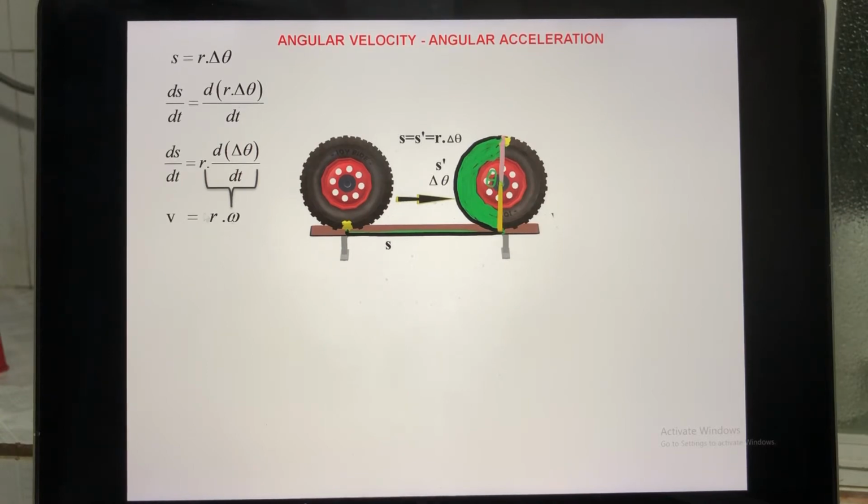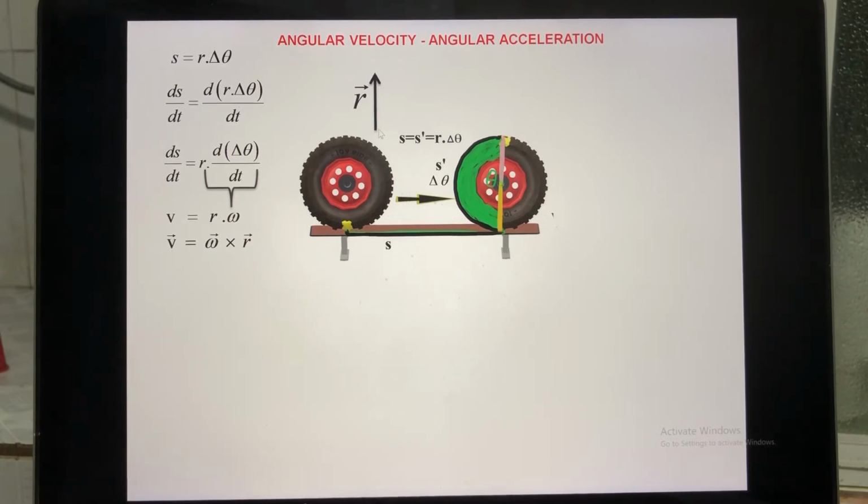Here is the magnitude of velocity. As you know, velocity also has a direction. So how do you define the direction? If you want to define the direction of velocity, this one is the relation between the omega and the radius to give the direction of velocity.